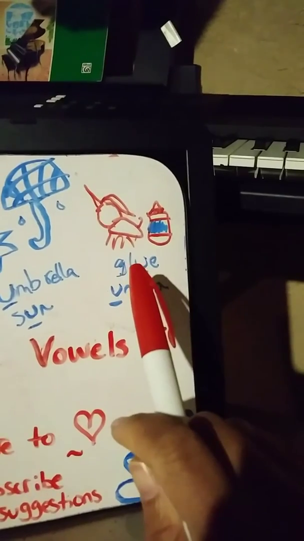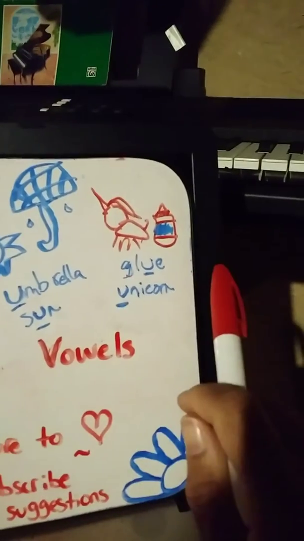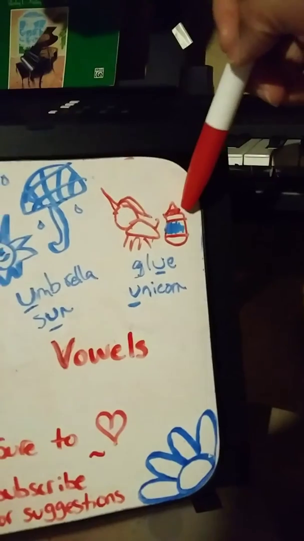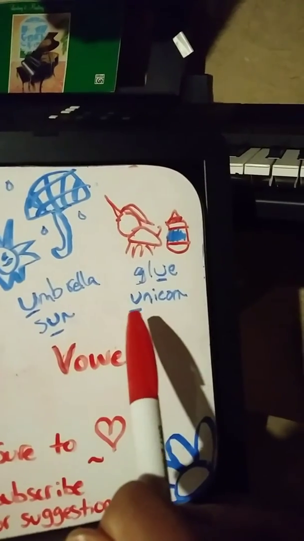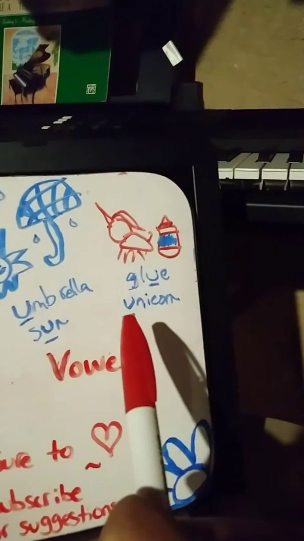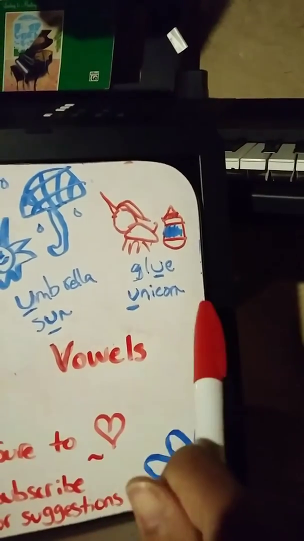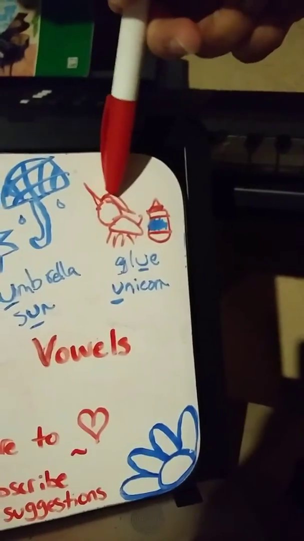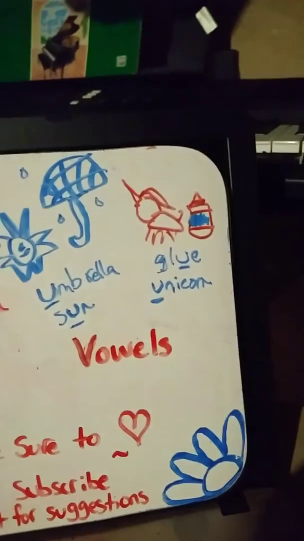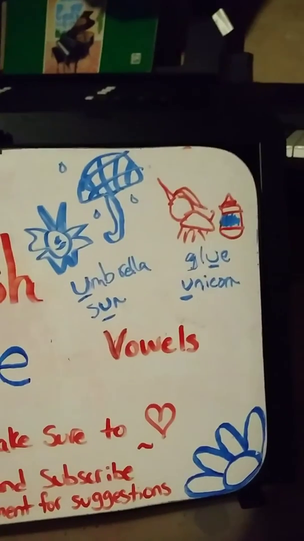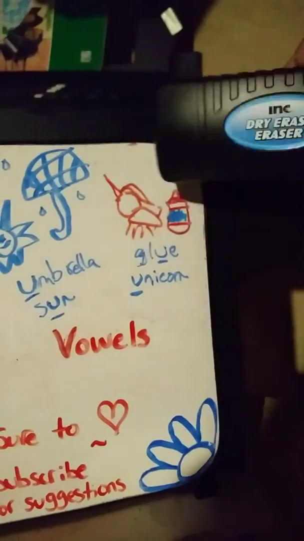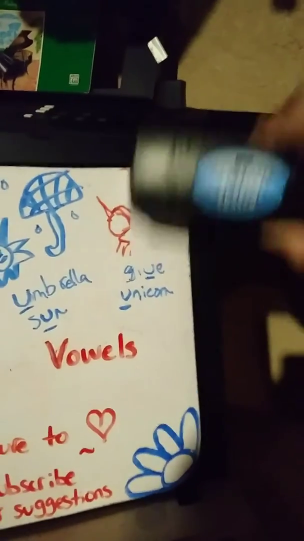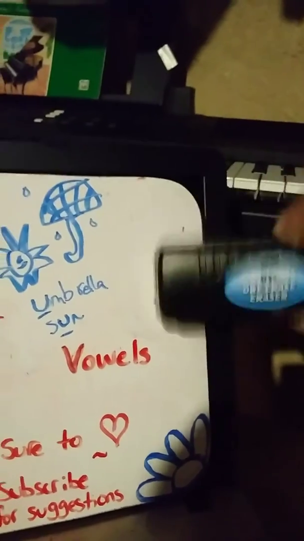Glue, which is this thing over here. And our next long U, unicorn. Can you hear the U? Unicorn, which is that. And remember, same letter, different enunciated sound. Long U and short U.